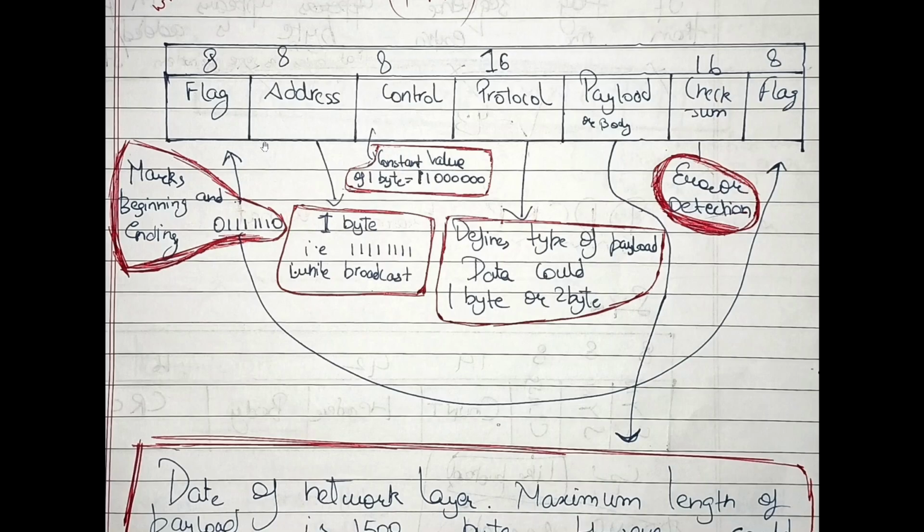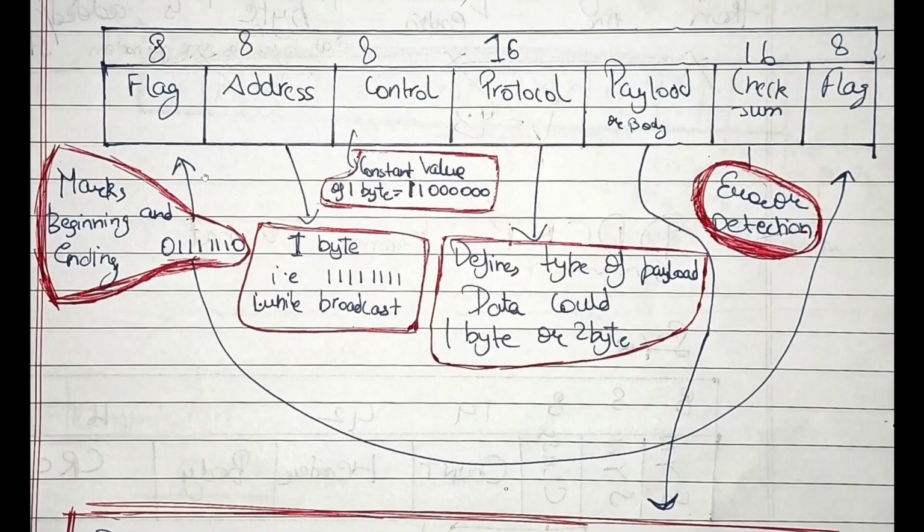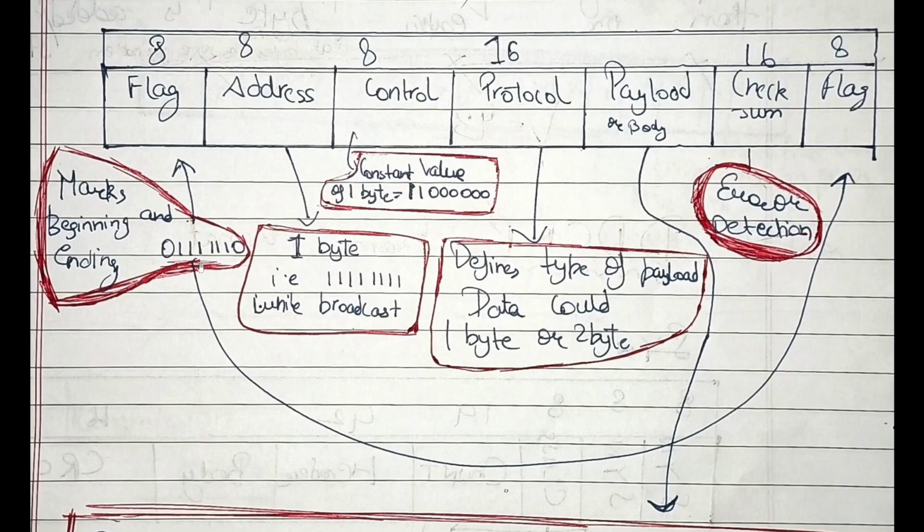Now these bits will be in this flag: 0 1 1 1 1 1 1 0. So 0, six ones and then 0. This is how the starting and ending of a frame will be denoted in PPP, that is point to point protocol.